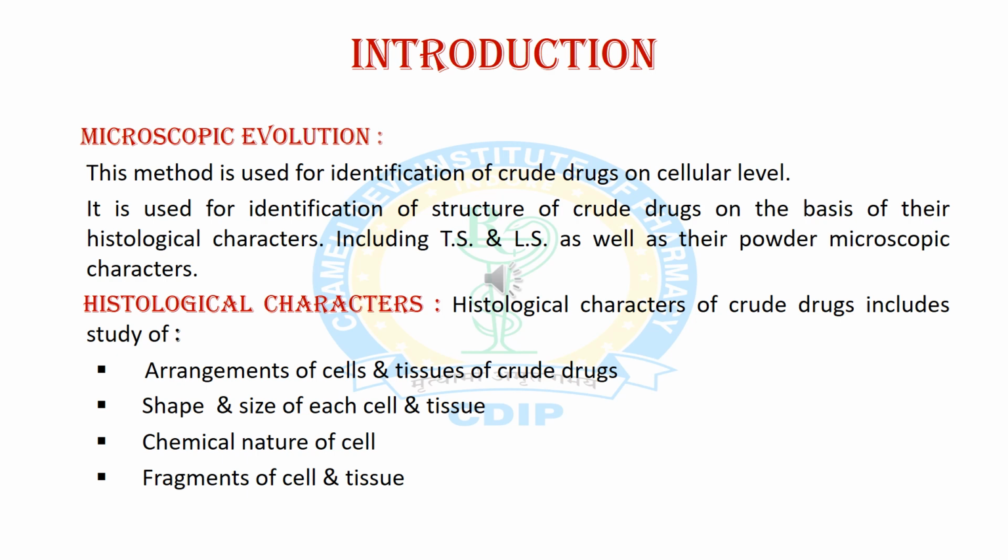What are histological characters? Histological characters of crude drugs include study of the following points: arrangements of cells and tissues of crude drugs, shape and size of each cell and tissues, chemical nature of cells, and fragments of cells and tissues.